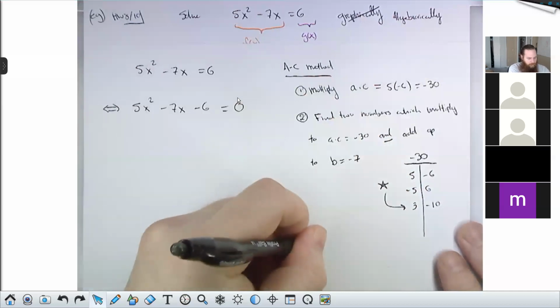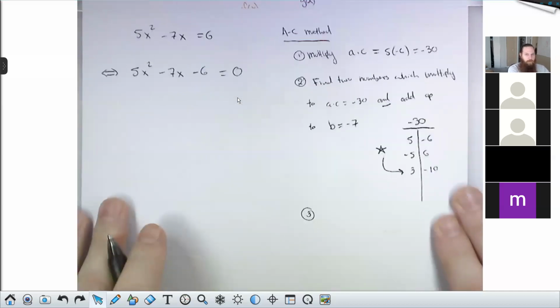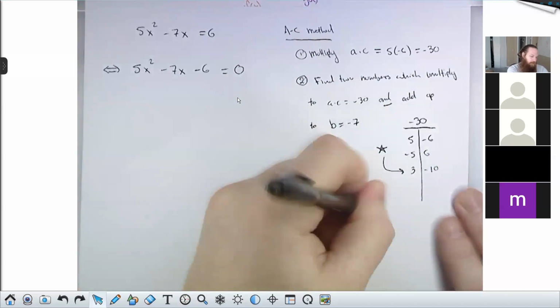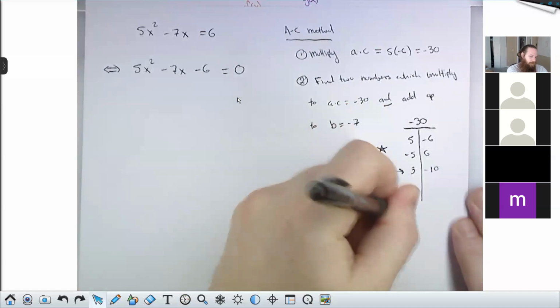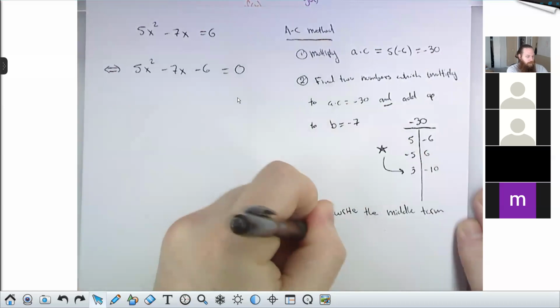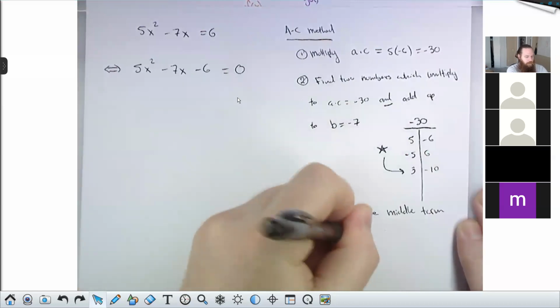Once you find these, you rewrite the middle term using those two numbers.